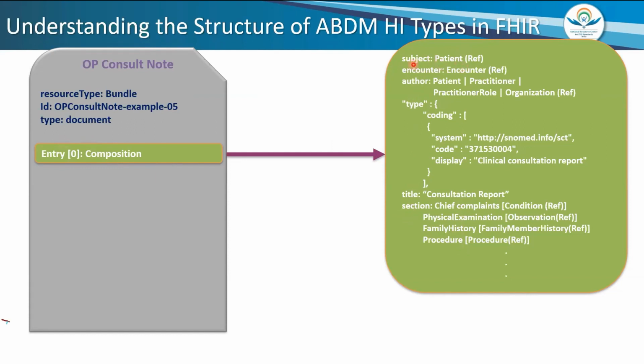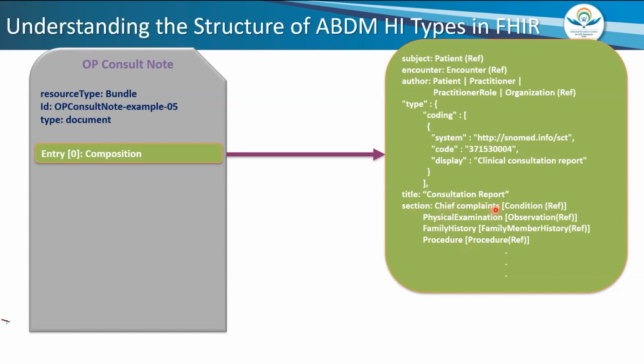So subject element refers to the patient resource. Encounter element refers to the encounter. So all details of the patient will be there in the patient resource. Details of the encounter will be there in the encounter resource. Likewise, each section refers to some resources to categorize information.